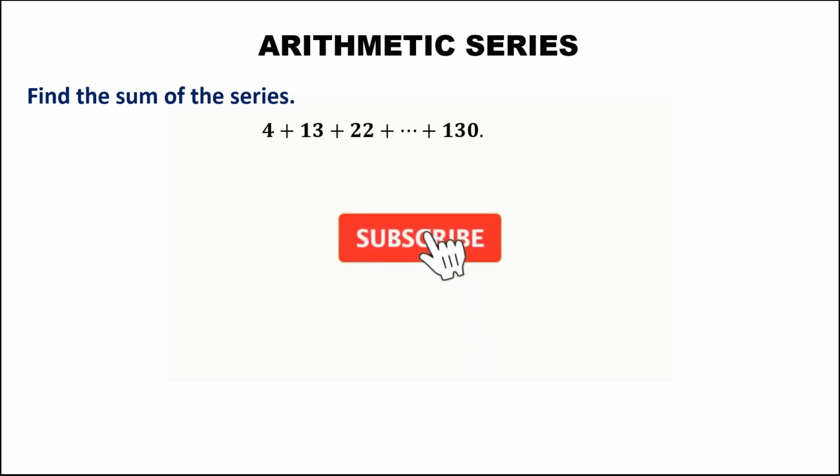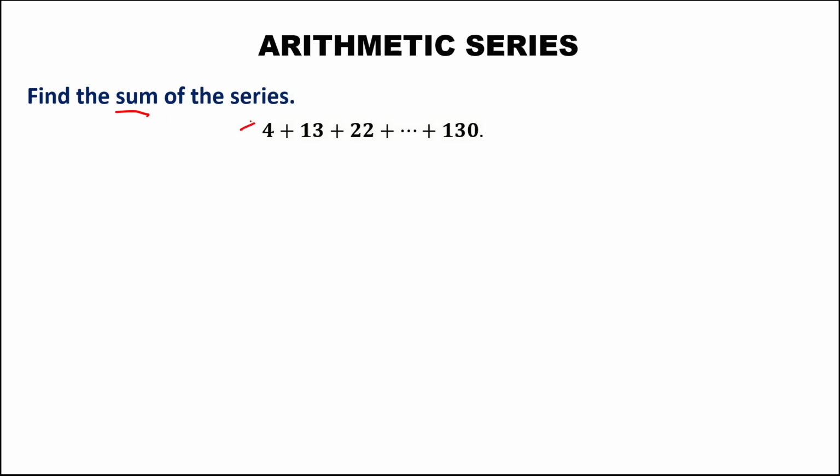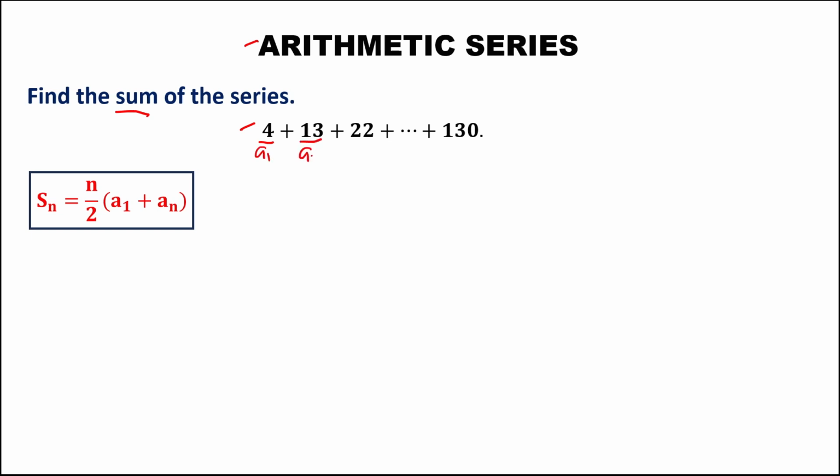So for this problem, to find the sum of the series, since this given is an arithmetic series, this is the formula to find the sum of the arithmetic series. From this given, this is the first term, the second term, the third term, and this one is the last term.